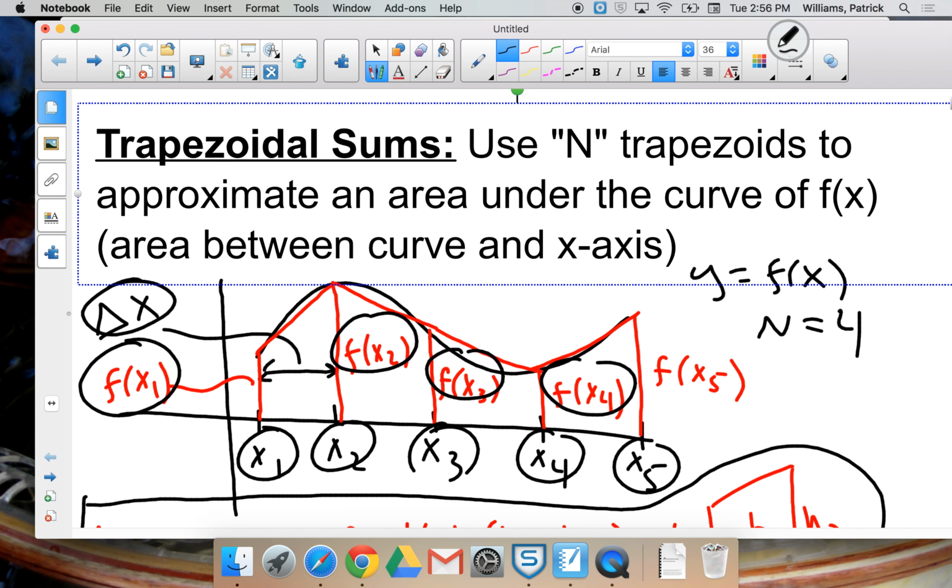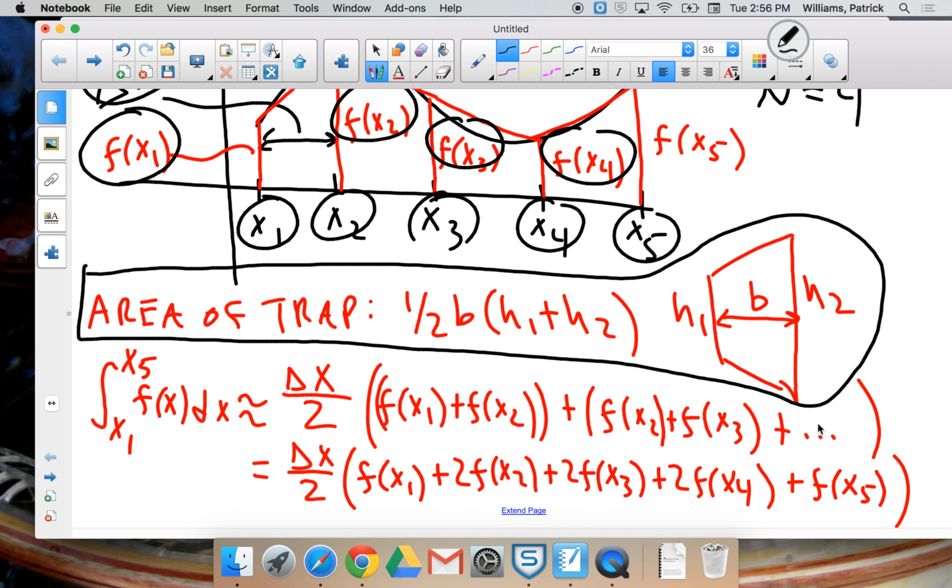So if we wanted to apply this to calculate the area under that curve, we just apply this formula for the area of a trapezoid. So we would say the integral from our case x1 to x5 of our function would just be this portion, 1/2 of the base.